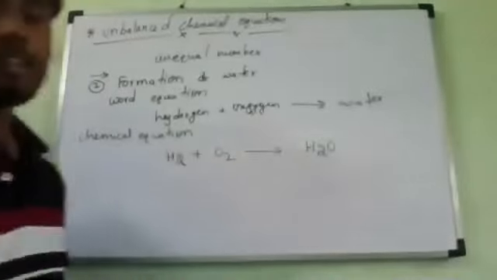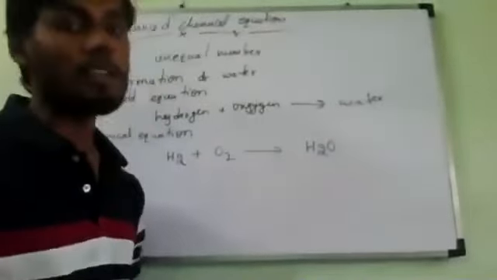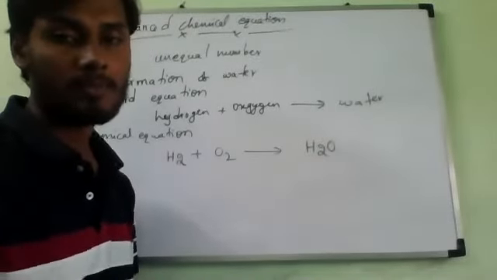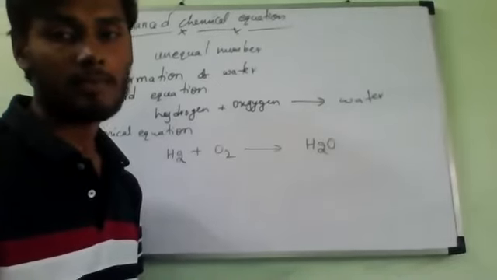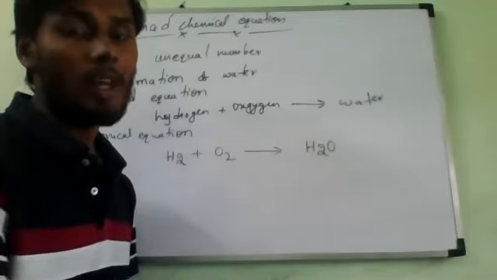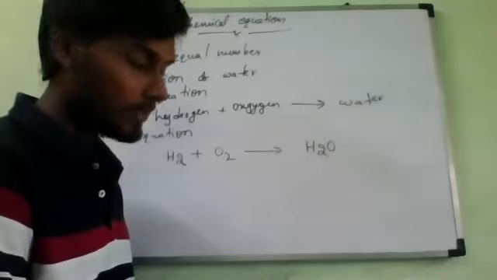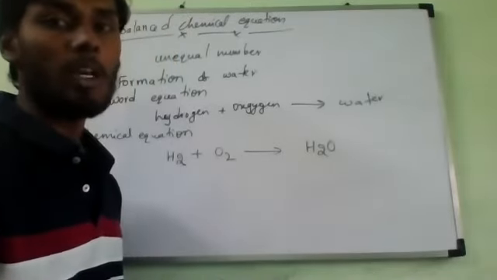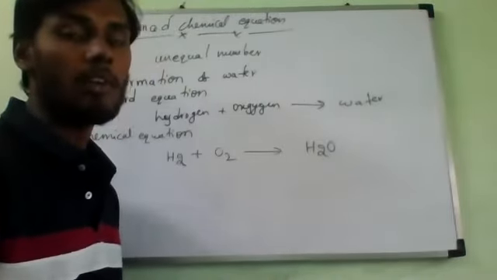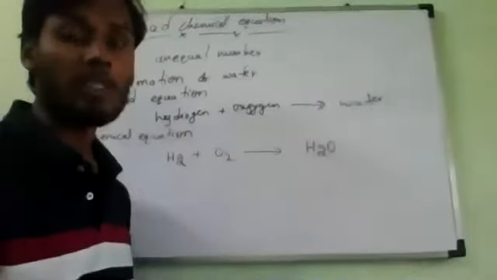So till here, write it. An unbalanced chemical equation has an unequal number of atoms of one or more elements.